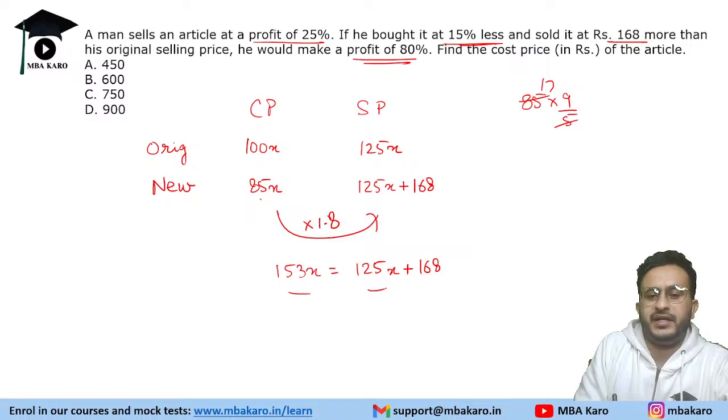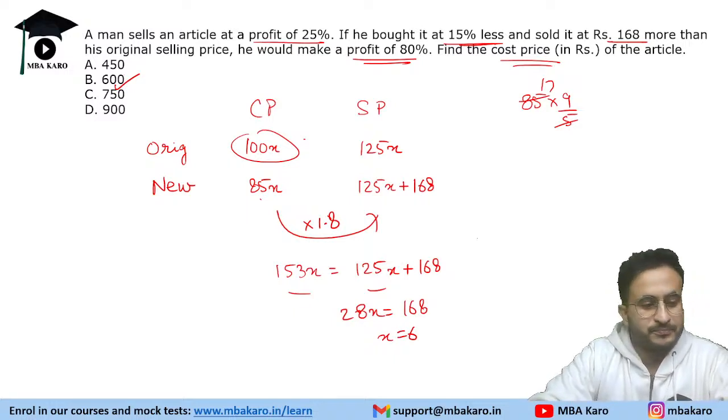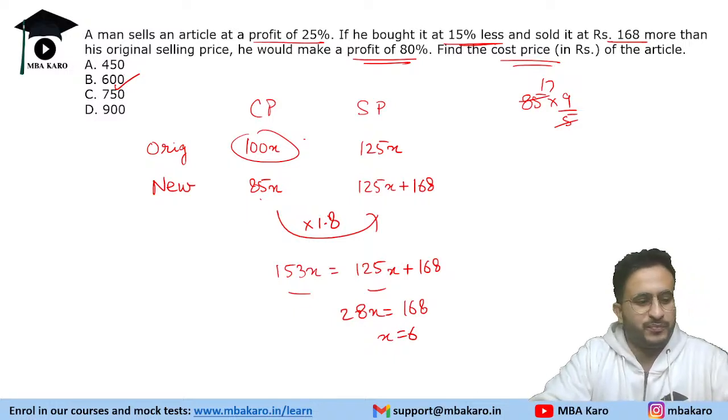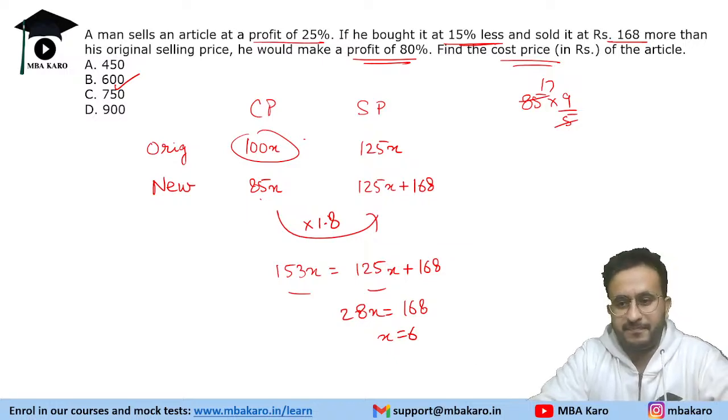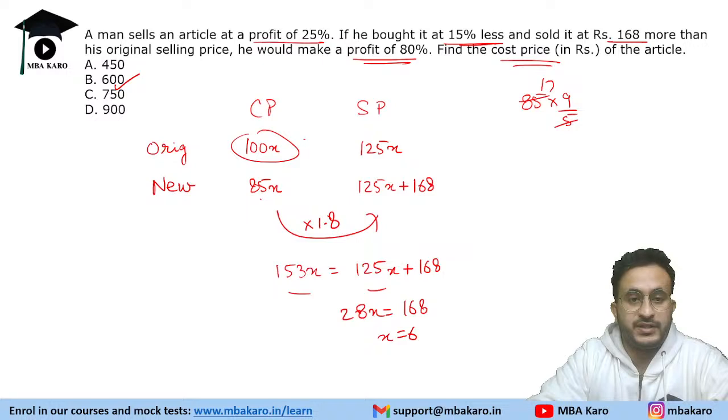So we get 28x equal to 168, or x equal to 6. We need to find the cost price, which is 6 into 100, 600 rupees. This profit loss percentage based question should have been an easy one. All right, let's see the next question.